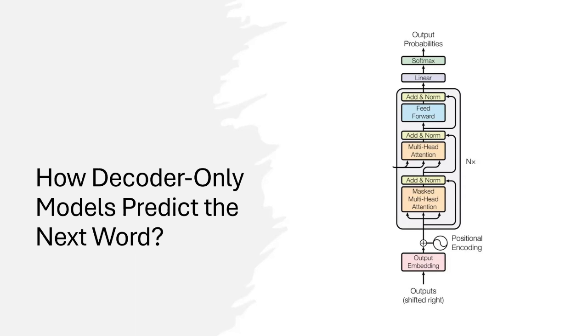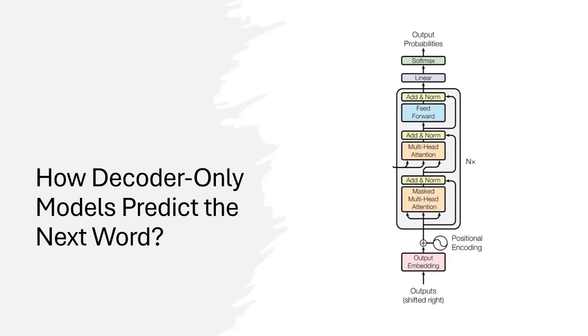Once positional encoding is added, it is passed to masked multi-head attention. Attention is added to the embedding value of a vector or a word. Then it is passed to the feed forward layer.